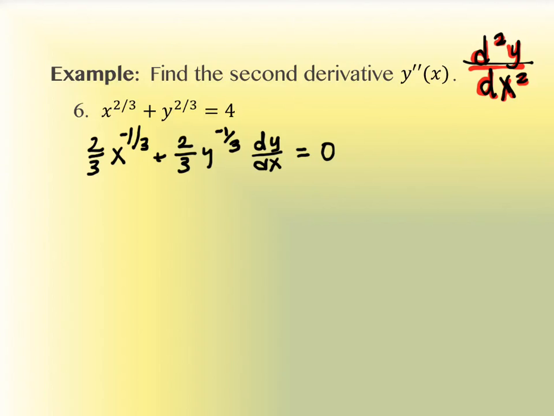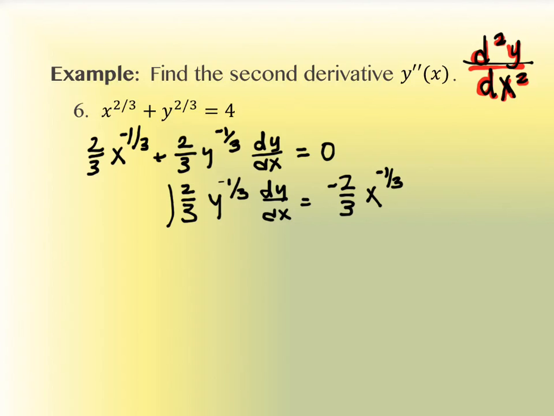So we'll move the piece that's not dy dx over to the other side. So I have 2/3 y to the negative 1/3 dy dx equals negative 2/3 x to the negative 1/3. I think multiplying by 3/2 would be a really good next step. What do you think?